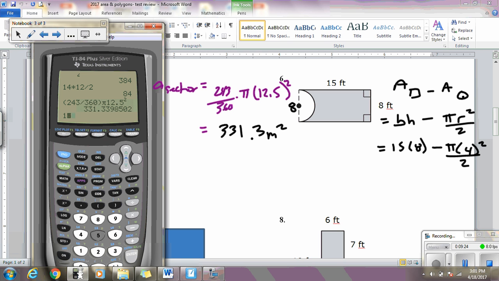So 15 times 8 minus pi 4 squared over 2. And you would get about 94.9 feet squared.